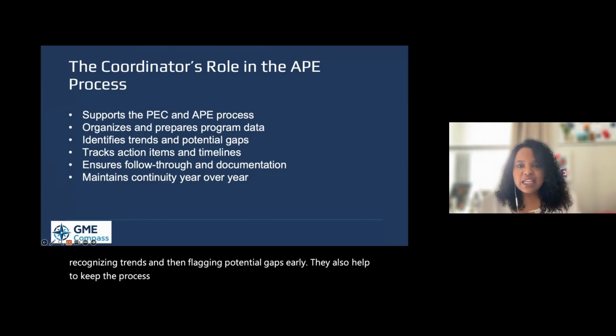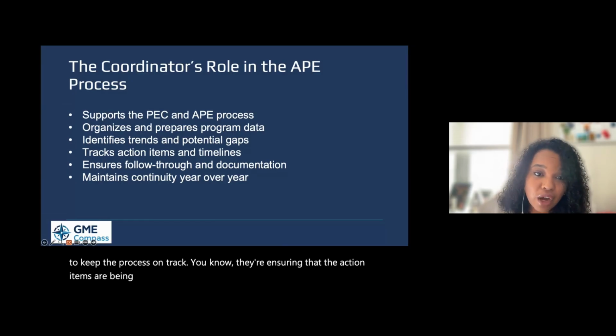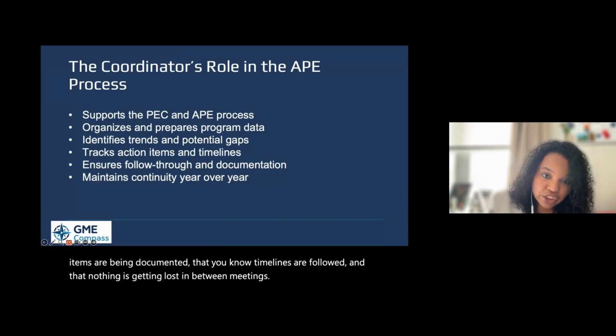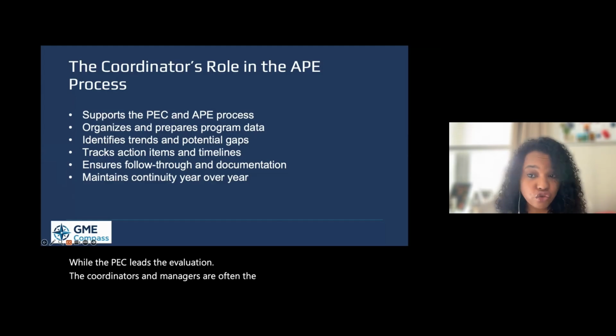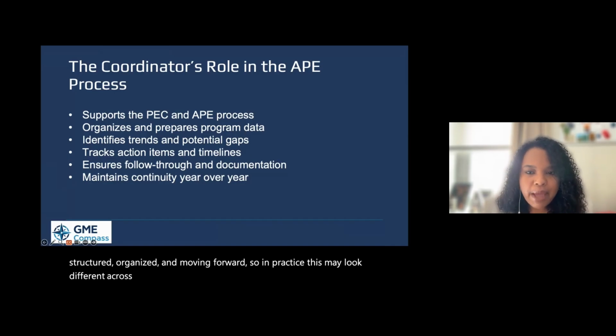They're ensuring that the action items are being documented, that timelines are followed, and that nothing is getting lost in between meetings. While the PEC leads the evaluation, the coordinators and managers are often the ones keeping the process structured, organized, and moving forward.